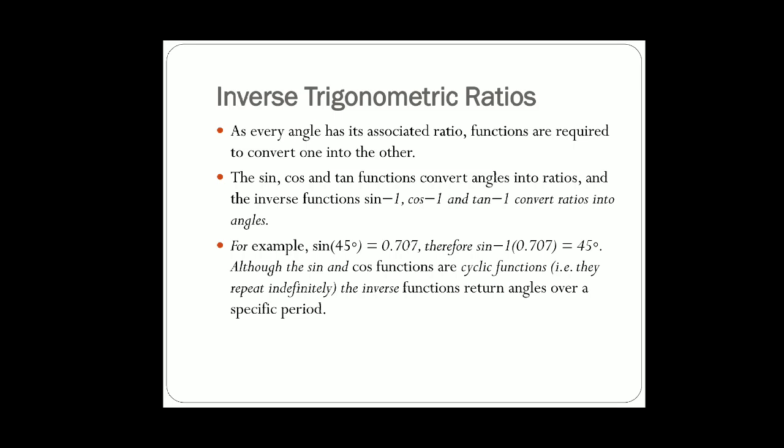The functions sine, cos, tan are used to convert angles into ratios. The inverse functions sine minus 1, cos minus 1 and tan minus 1 convert ratios into angles. So sine 45 is 0.707, and sine minus 1 of 0.707 is equal to 45. That is, the inverse ratio is being calculated.